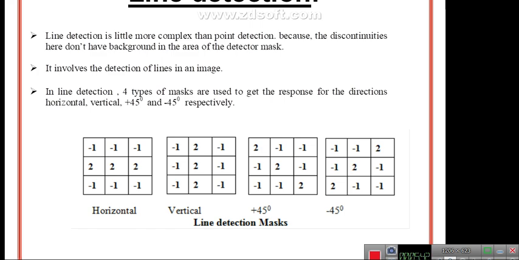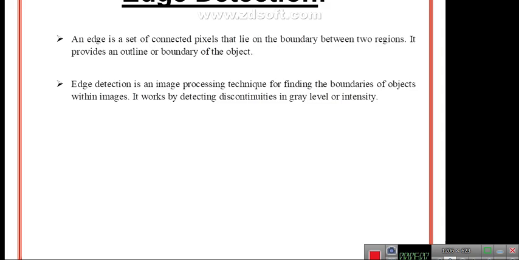The mask for detecting vertical lines is minus 1, 2, minus 1, minus 1, 2, minus 1, minus 1, 2, minus 1. The mask for detecting a plus 45-degree line is 2, minus 1, minus 1, minus 1, 2, minus 1, minus 1, minus 1, 2. For detecting a minus 45-degree line, the mask coefficients are minus 1, minus 1, 2, minus 1, 2, minus 1, 2, minus 1, minus 1.